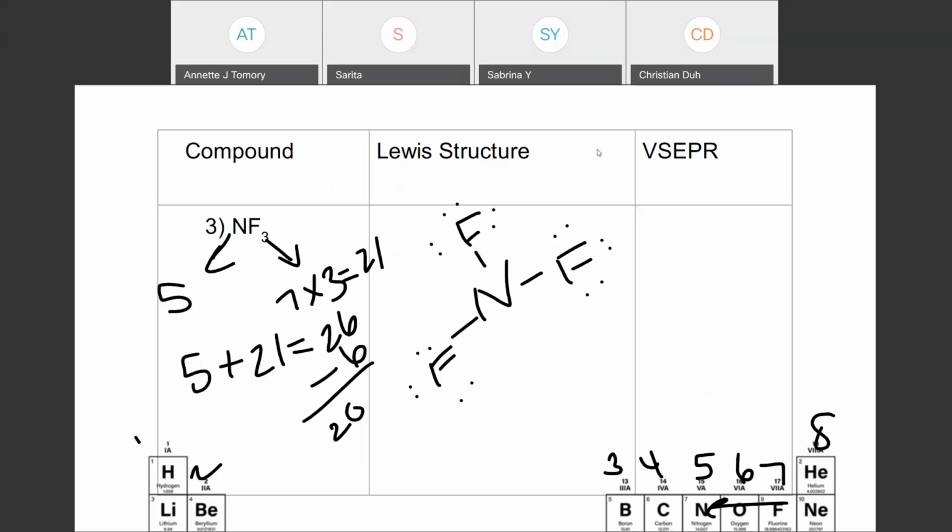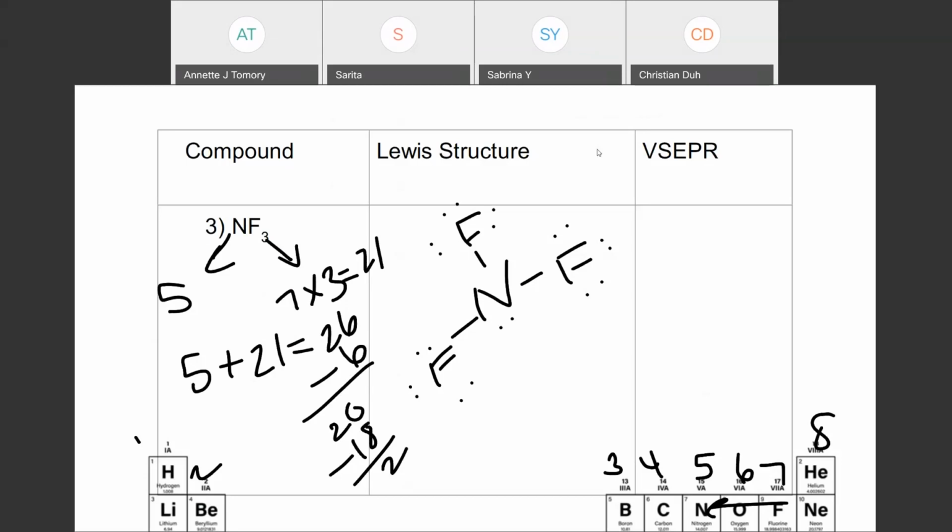All right, so how many electrons do I draw around the fluorine at this point? 18. I have 2 left I have to deal with. Do I put any more on fluorine? No, I put it on the nitrogen. Why won't I put it on the fluorine?